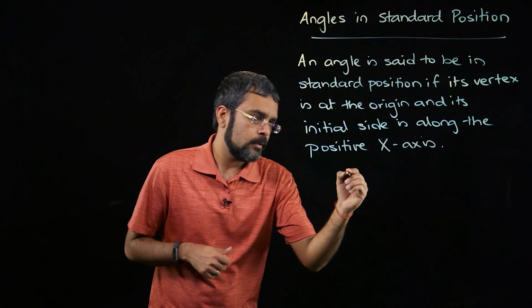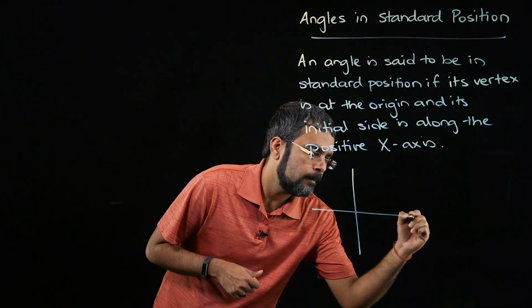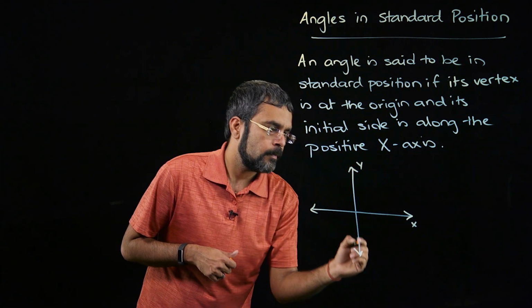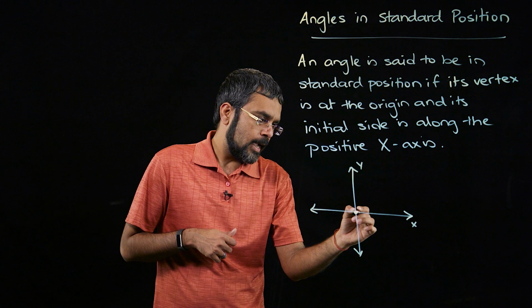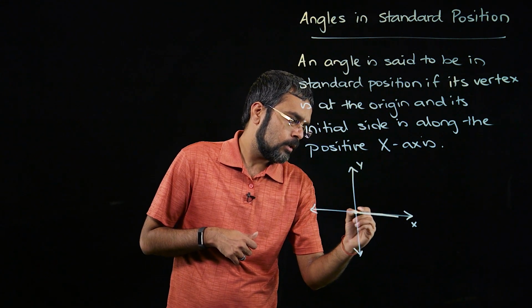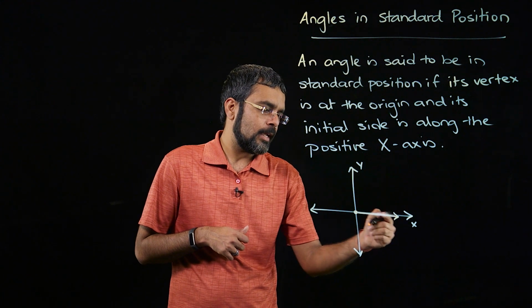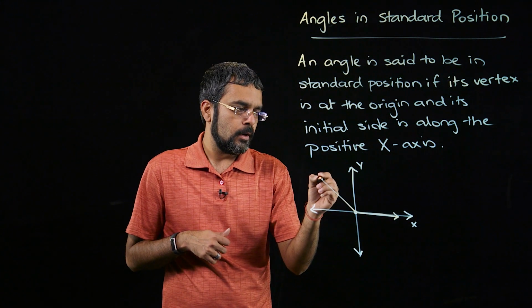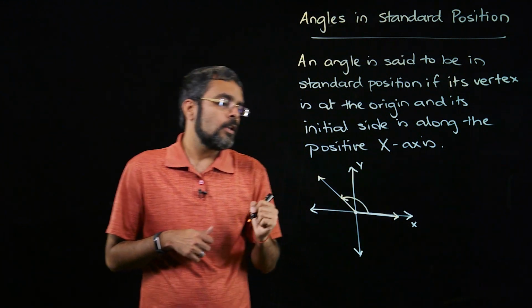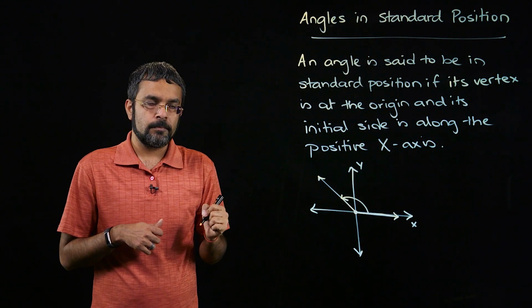So as an example, if this is my coordinate plane, and that's my x-axis, that's my y-axis, the vertex of the angle should be at the origin. Its initial side should be along the x-axis, all right? And the terminal side could be anywhere, all right? So that would be an angle in standard position.